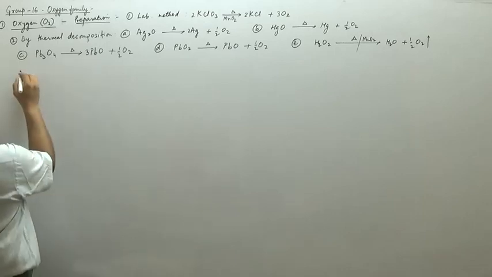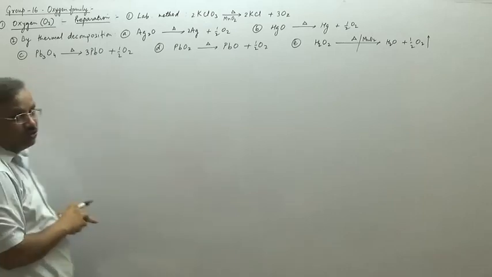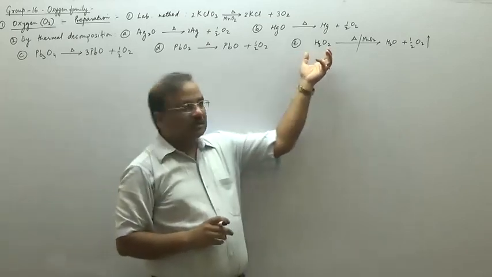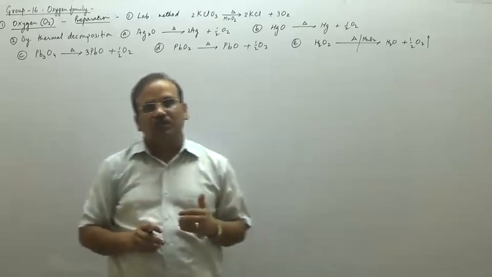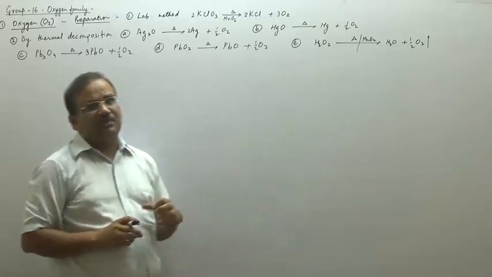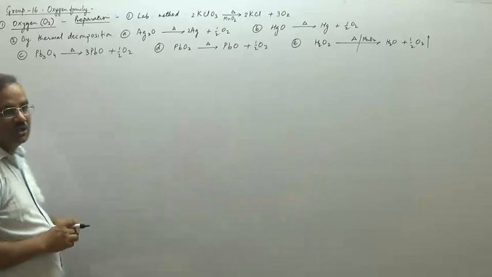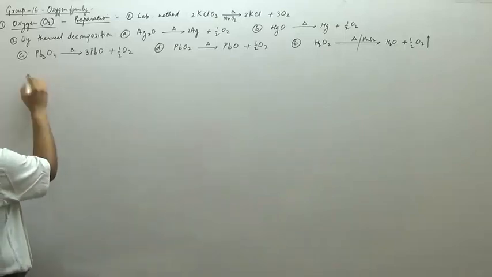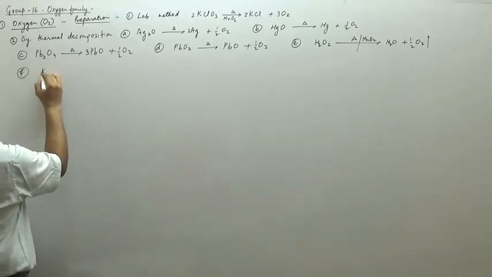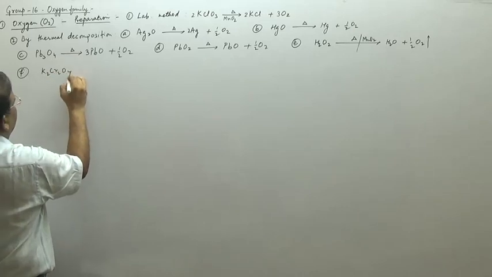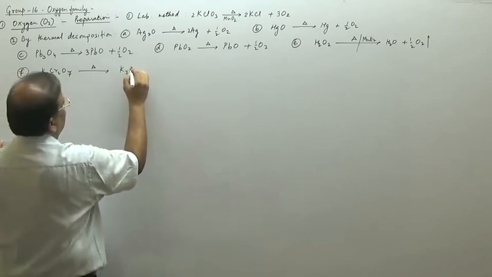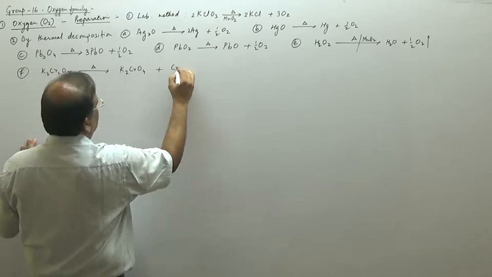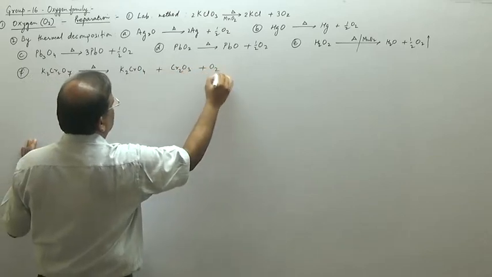Even the other decomposition of compounds, such as H2O2, the decomposition of KMnO4, and the decomposition of K2Cr2O7, all liberate oxygen on their decomposition. When K2Cr2O7 is decomposed, it is converted into potassium chromate, K2CrO4, plus Cr2O3 plus O2, which are the products of the reaction.